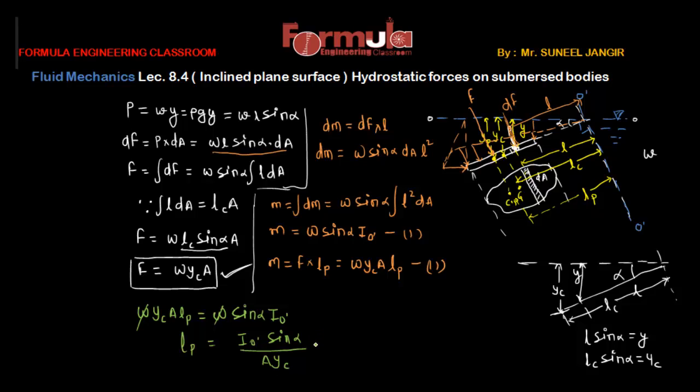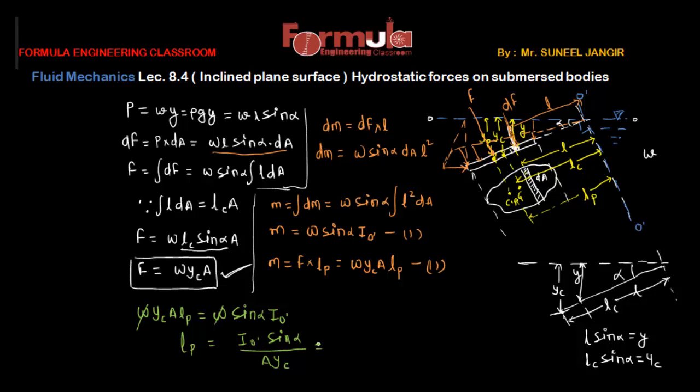Now by the use of the parallel axis theorem, we can break this I O'. So the moment of inertia about this axis O', that is I O', will also be equal to the moment of inertia about the self axis passing through the center of gravity, plus the area of this plate into the distance LC square from the imaginary free surface O'.